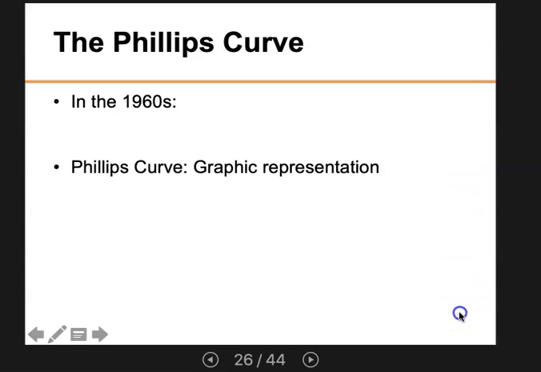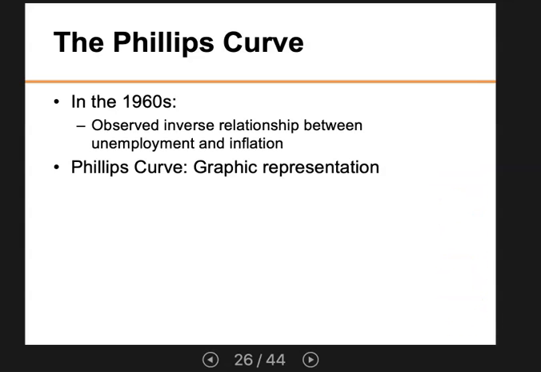The Phillips curve observed the inverse relationship between the unemployment rate and the inflation rate. This Phillips curve is a graphic representation of the inverse relationship of these two rates, the unemployment rate and the inflation rate. It's named after an economist, A.W. Phillips.